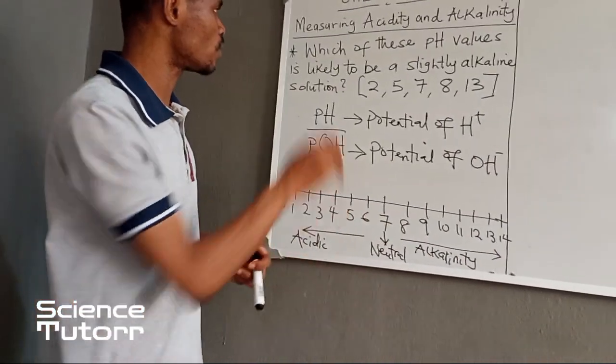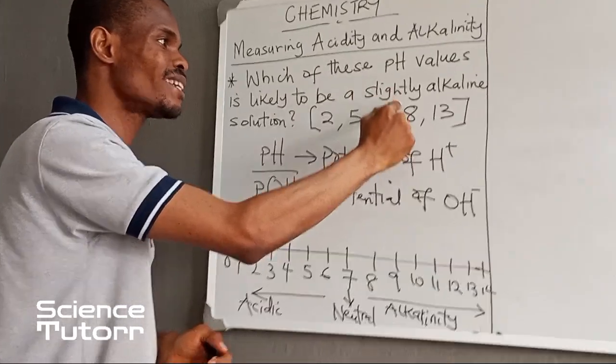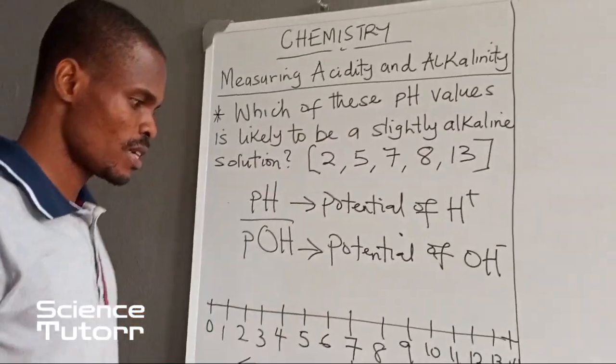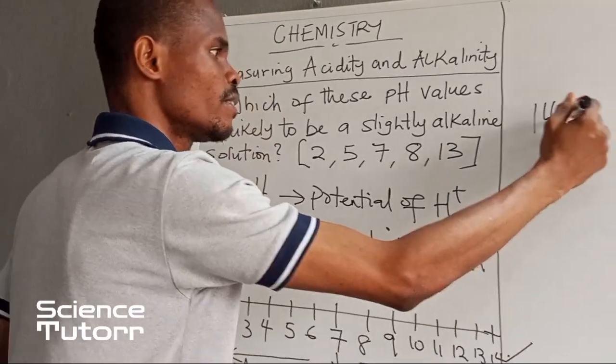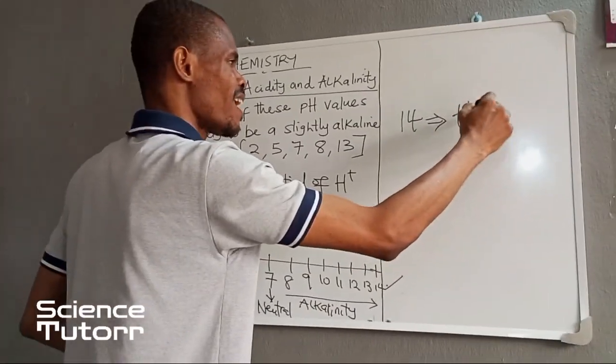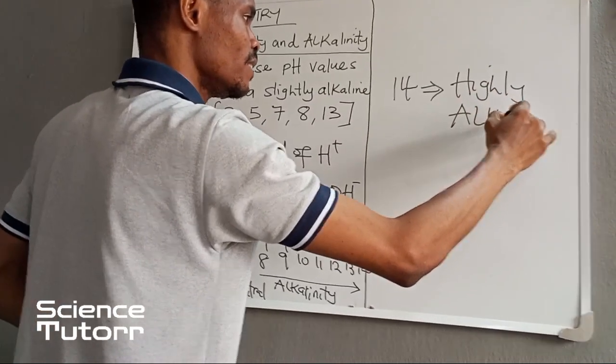Now to the question, which of these pH values is likely to be a slightly alkaline solution? Now, number 14 simply means it is highly alkaline.